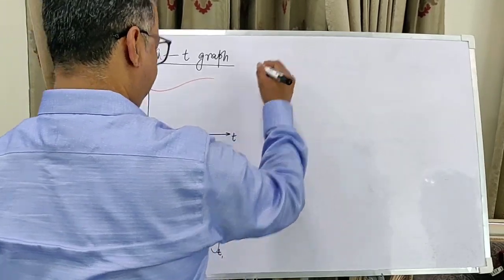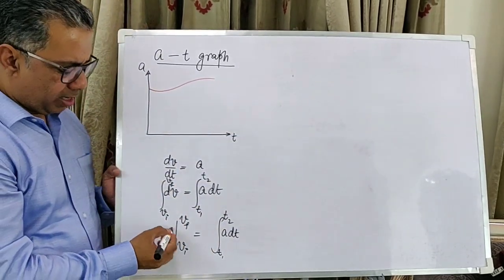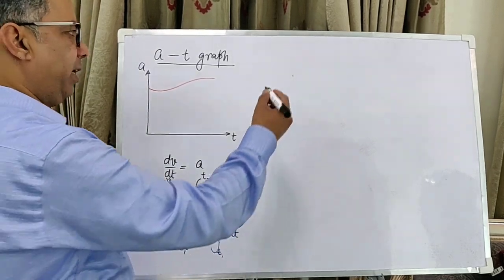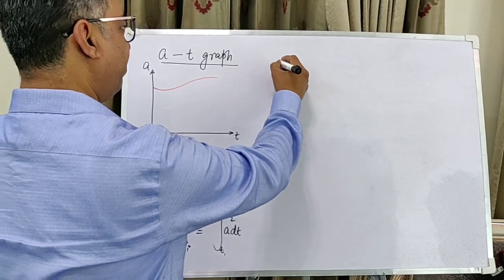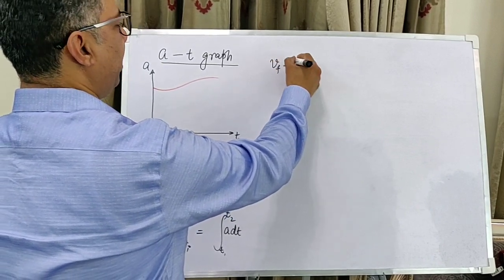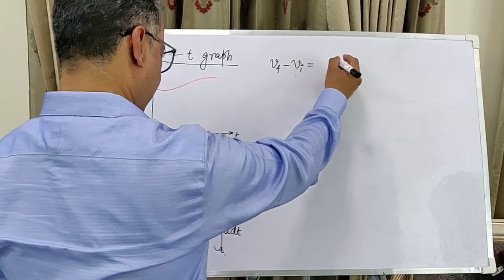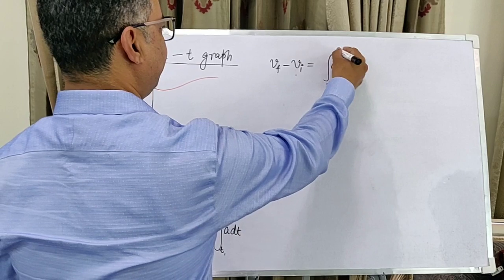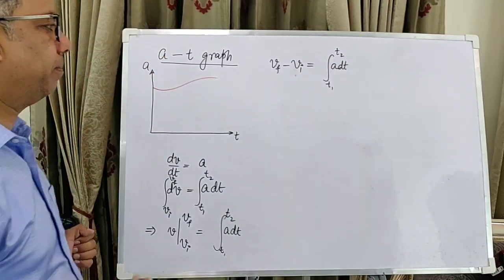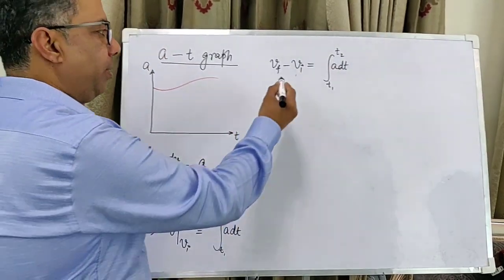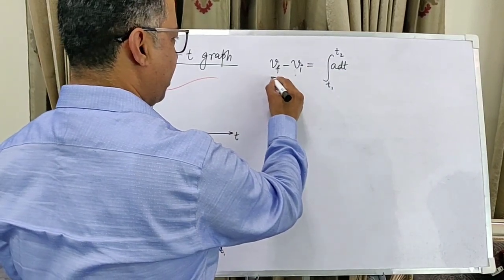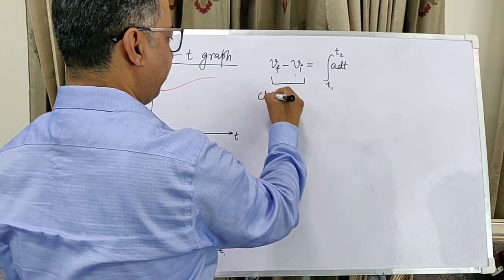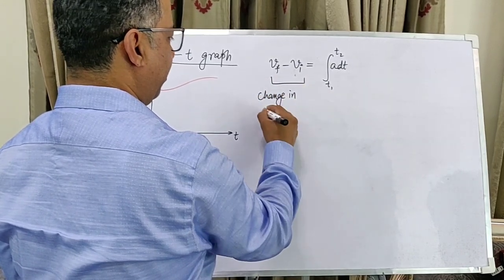So what we have on the left hand side, when in place of v we substitute vf and vi, the way we implement limits in integration, we get vf minus vi equals the integral of a dt from t1 to t2. So what we notice is that on the left hand side of the equation we have change in velocity.